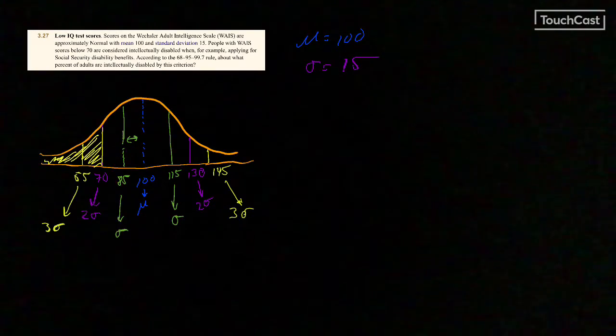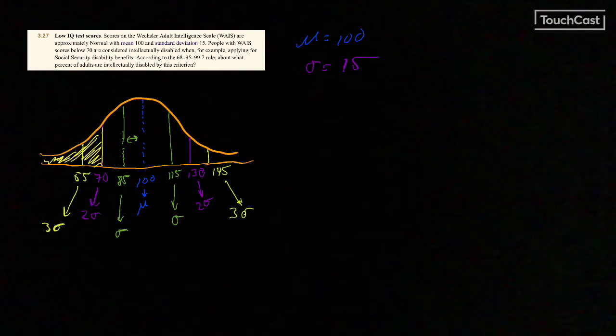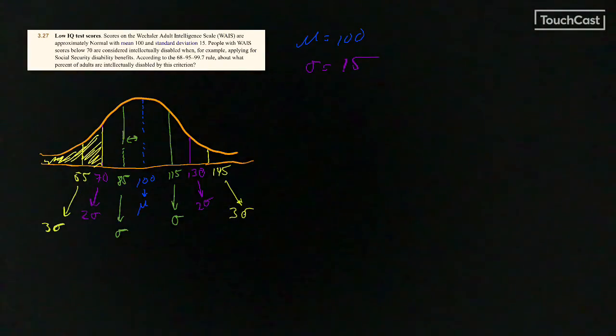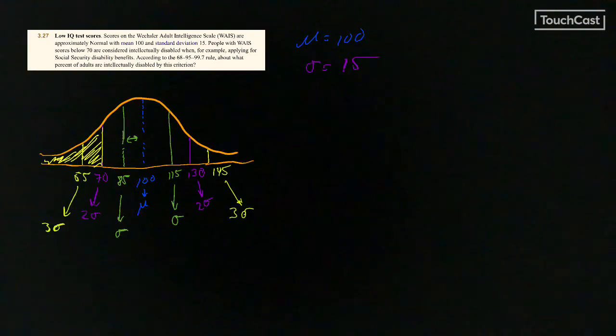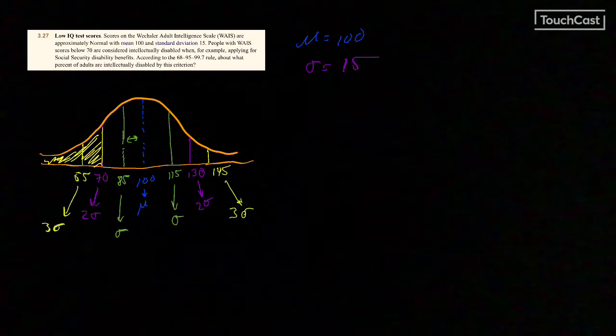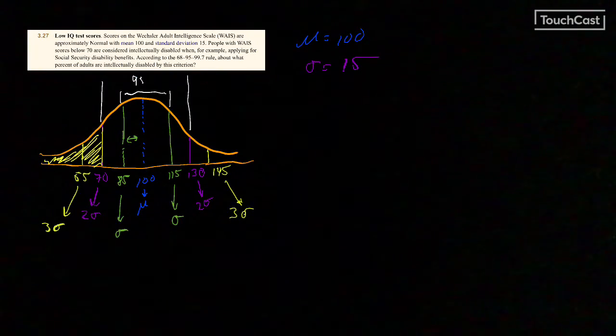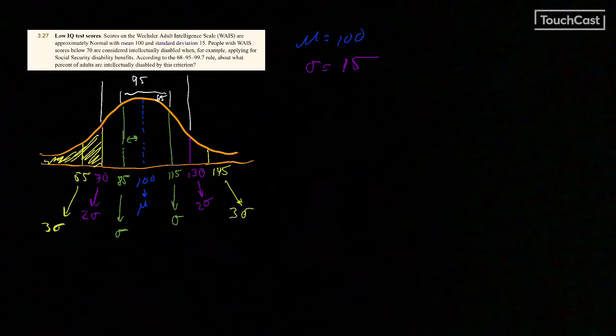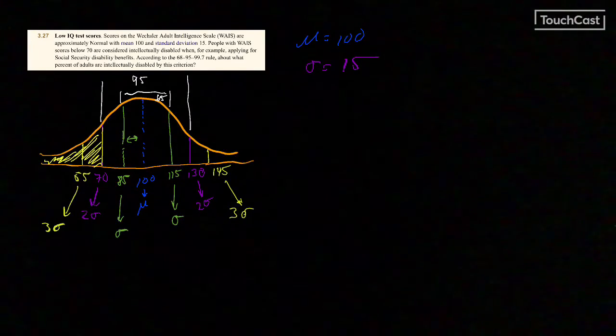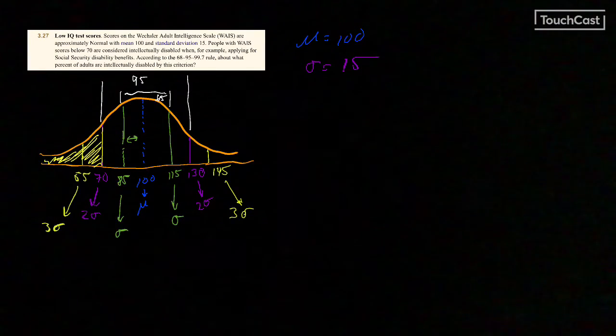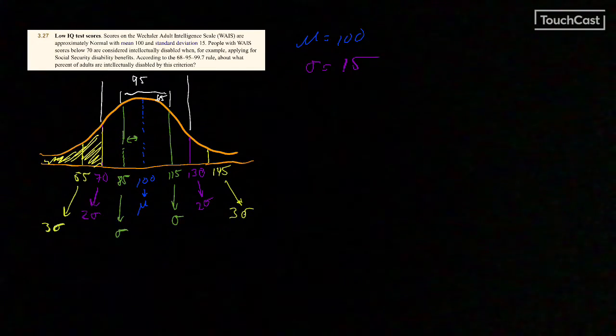So if I apply the 68-95-99.7 rule, what I know is that this is 68% right here. This is 95% right here. So this is 68, 95, and then out one more would be the 99.7 portion.